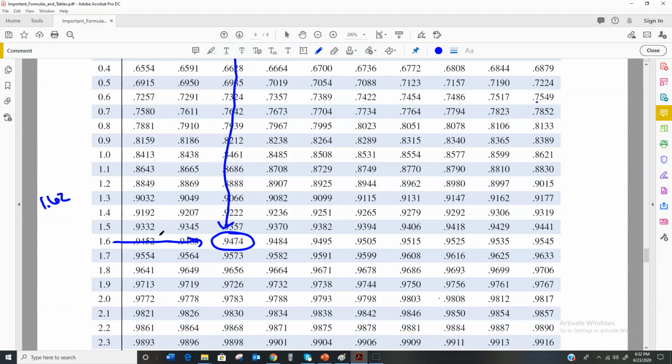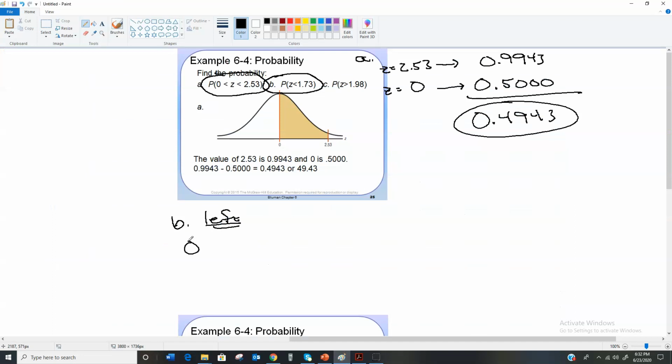So 1.73 would be one more row down and one more column over, 0.9582. And we don't have to do anything more with that because it's to the left, and that's what the chart gives.